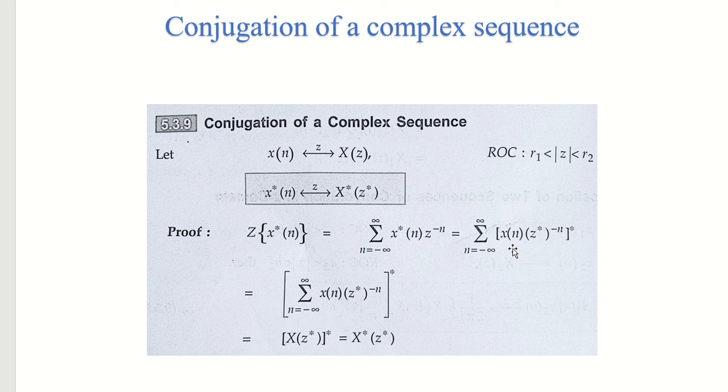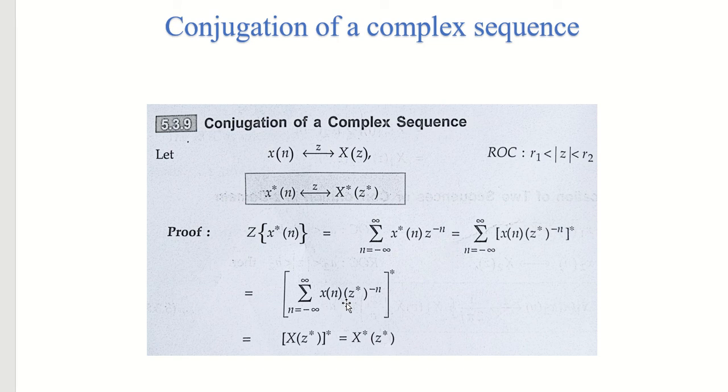So instead of this, what we can do is take the conjugate of the whole term, and that's exactly what we did. Now see the term inside the bracket here. Isn't it the Z transform of x, evaluated at z conjugate?